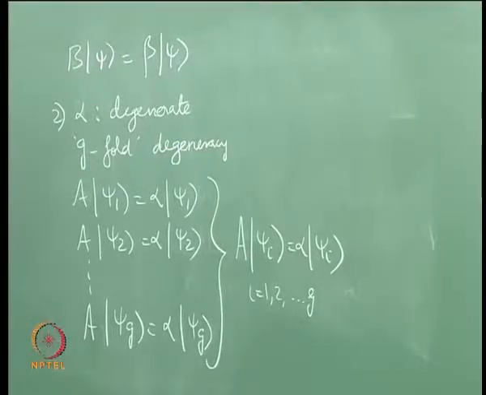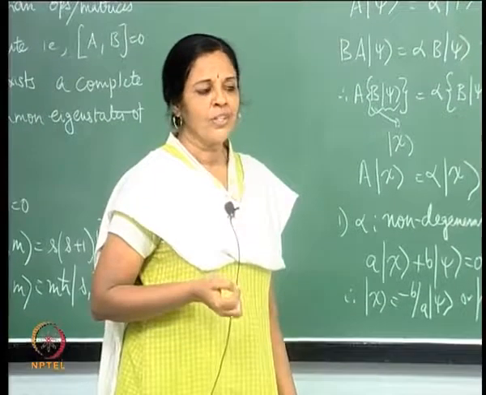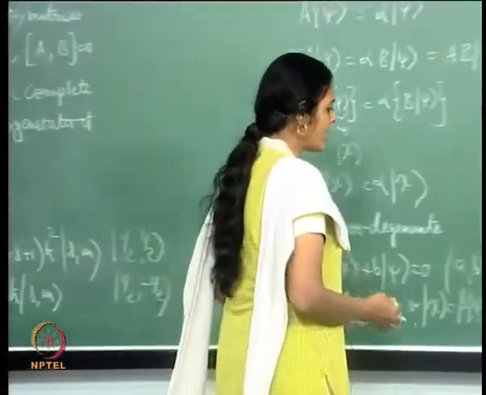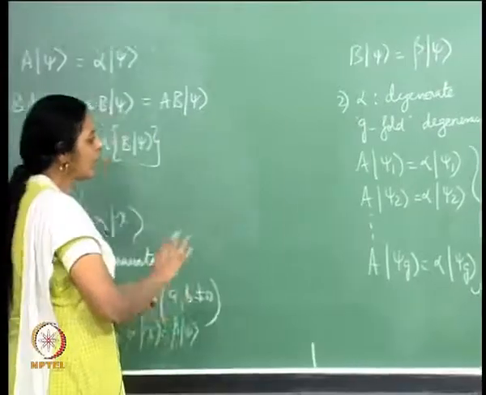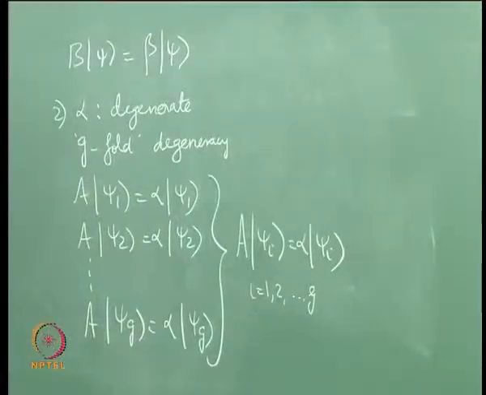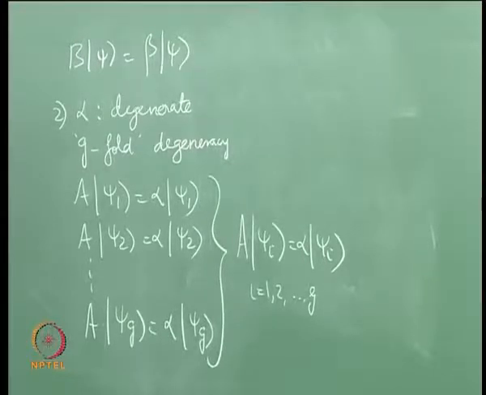To illustrate whatever follows, we will look at the simplest case where G is 2. So we will have two-fold degeneracy. Whatever I say for G equal to 2 can be easily extended to n-fold degeneracy.